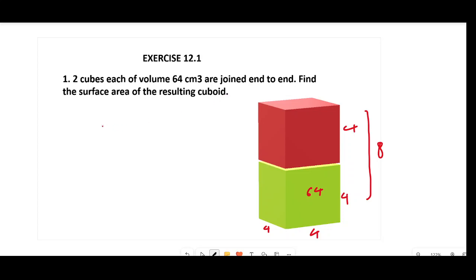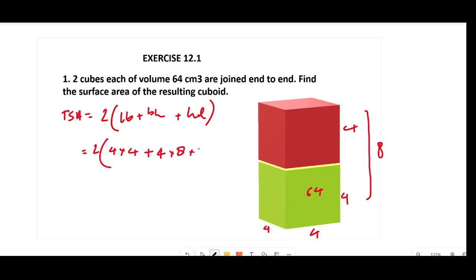We have the formulas. Suppose this is H, then total surface area is 2 times LB, BH and HL. Suppose this is L, this is B, then 4 into 4 plus 4 into 8 plus 8 into 4.